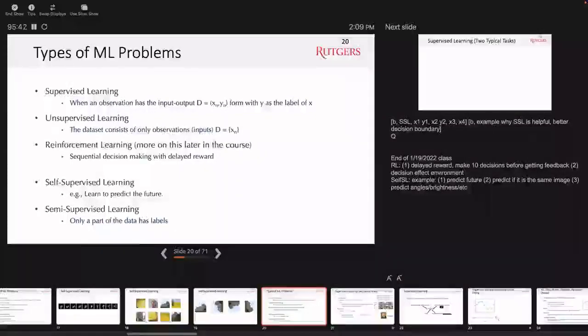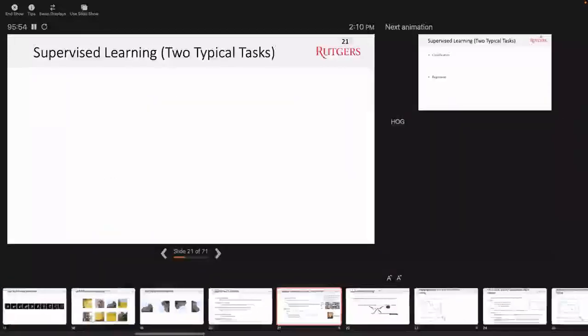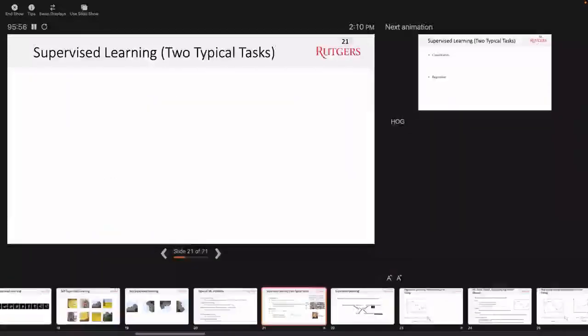These are different kinds of machine learning problems, right? Next, we're going to dive deeper into the first type, which is supervised learning.